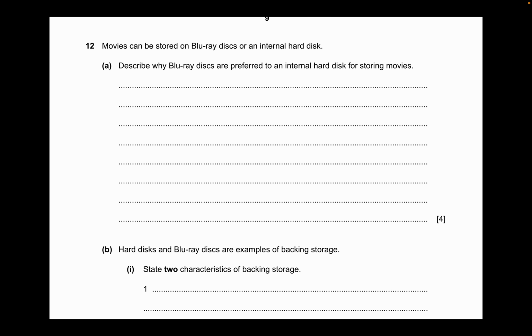Question number 12. Movies can be stored on Blu-ray discs or an internal hard disk. Describe why Blu-ray discs are preferred to an internal hard disk for storing movies. So, you can mention that data cannot be erased. You can also mention that the Blu-ray discs are portable, right?